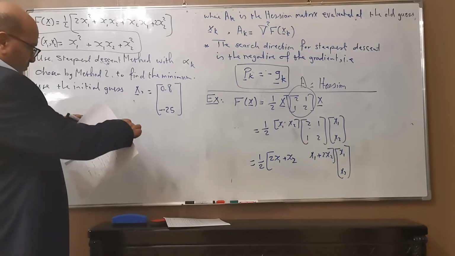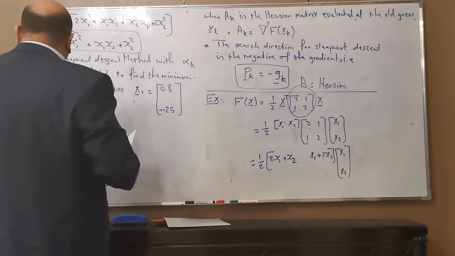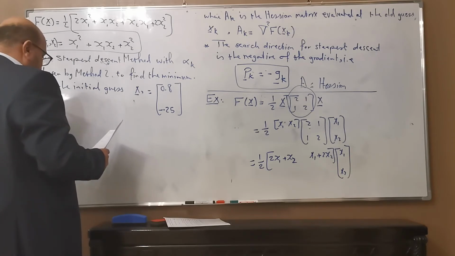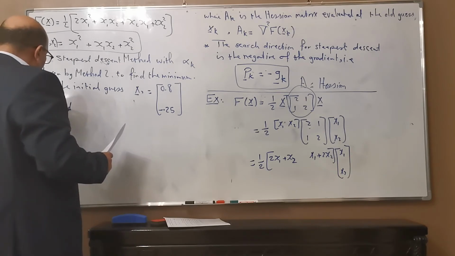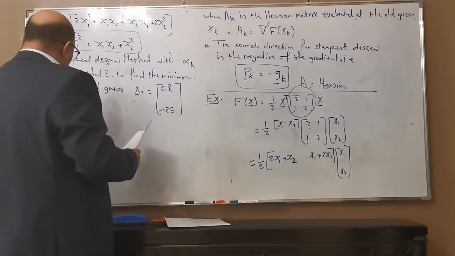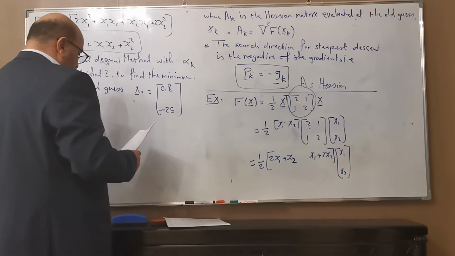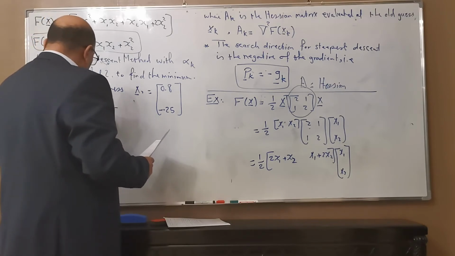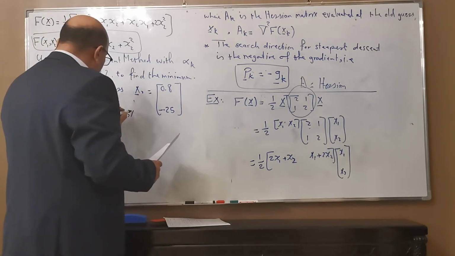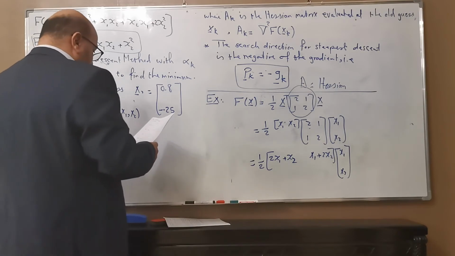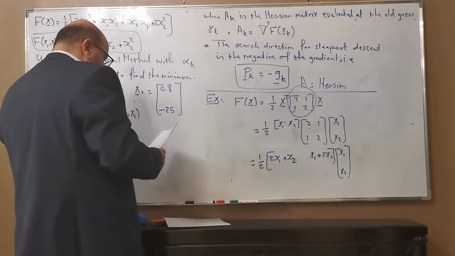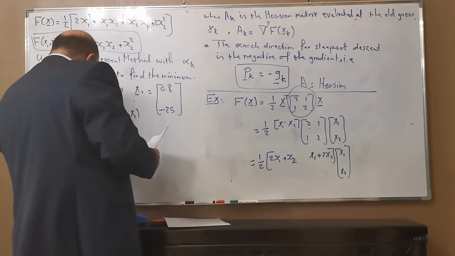So the first thing to do is find the equation for the gradient. The gradient g, which is equal to the gradient of x1 and x2, equals 2x1 plus x2 and x1 plus 2x2.